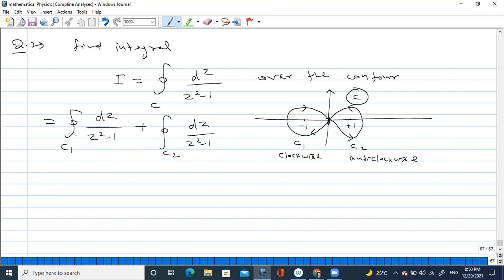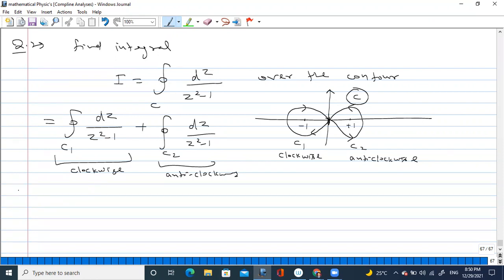So that will be the sum of these answers. Now for this you have to do, because this is the clockwise contour, and for this you have to show this is the anticlockwise or counterclockwise contour. Now for this separately you have to find out the answer. For this separately you have to find out the answer.